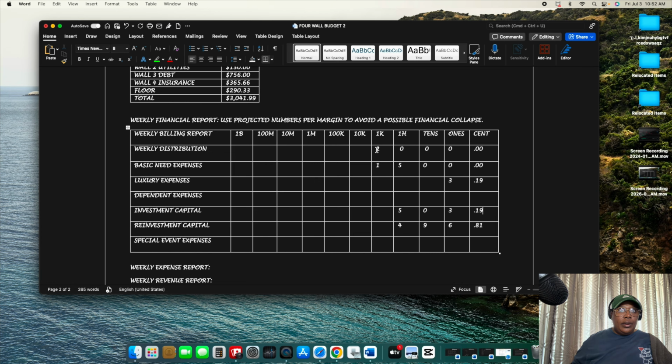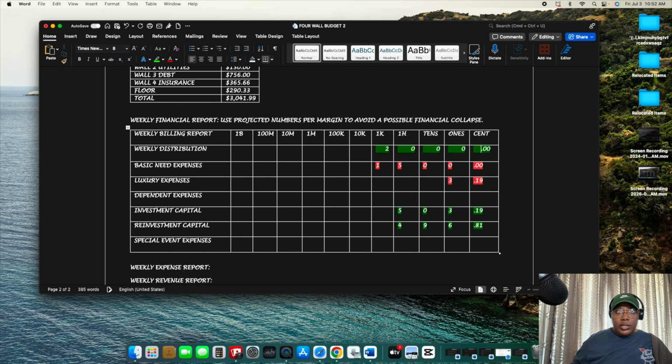All right. So from there, I am going to visually structure this budget. So when I look at it, it's easier for me to determine what happened over the duration of the first week of July.